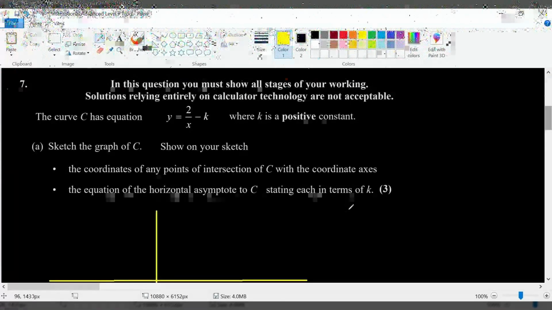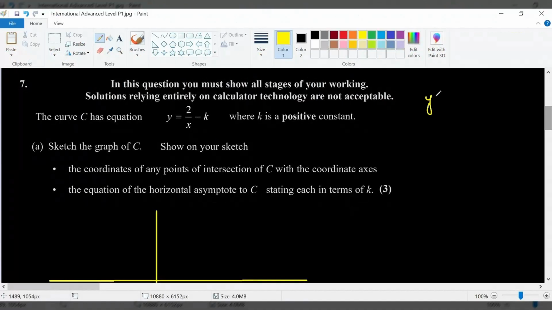In question number 7, it says the curve C has the equation y equals 2 over x minus k. So actually we are looking for a graph something like this, which is the reciprocal of y equals x. In here, we need to have a certain understanding that we have a rough graph, something like this.